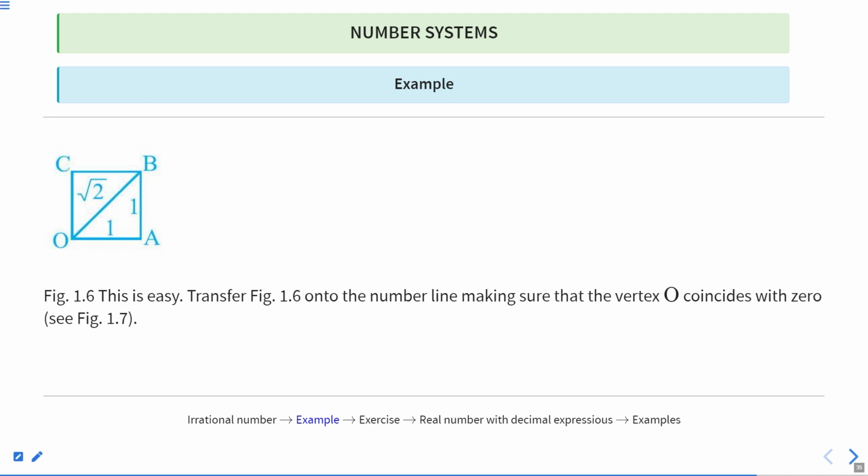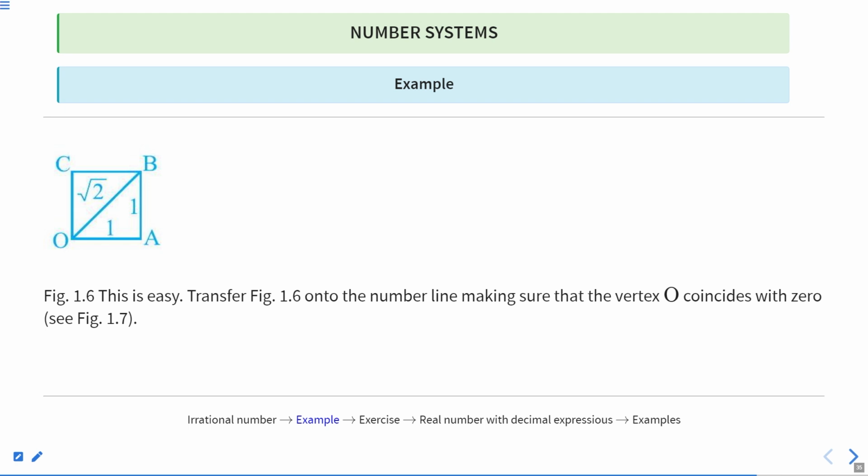In this figure, OABC is a square with side 1. Then this diagonal is equal to root 2 by Pythagoras theorem. Now transfer figure 1.6 to the number line, making sure that the vertex O coincides with 0.